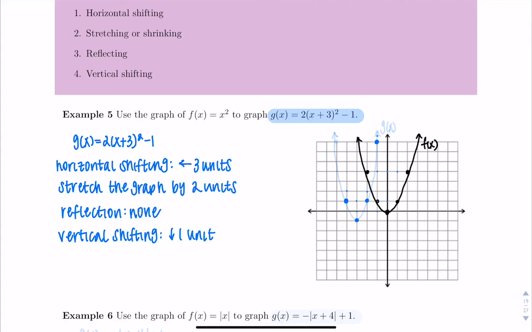And the same thing for -2, 4. Move it to the left 3 units. You're going to multiply by 2 to get to 8, and then shift it down 1 unit. And so my new graph is now moved to the left, and it's skinnier than the original graph.